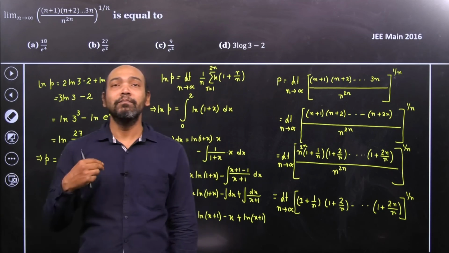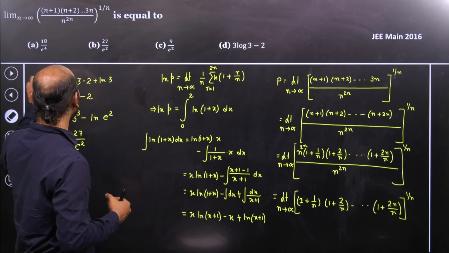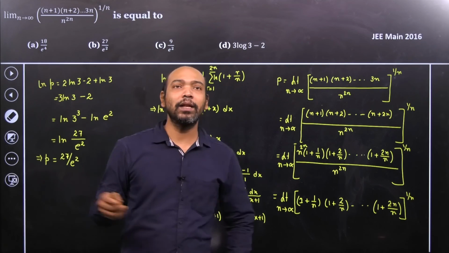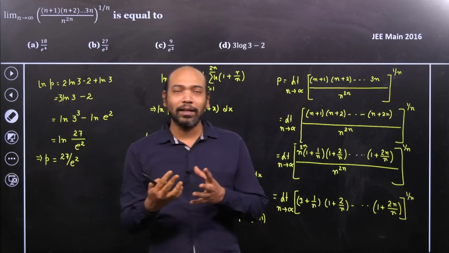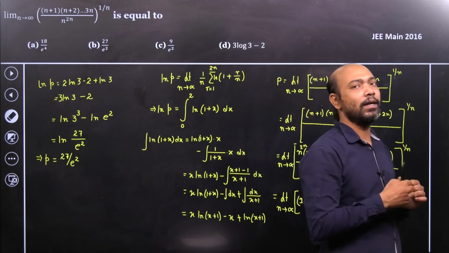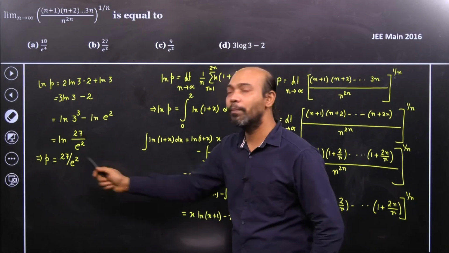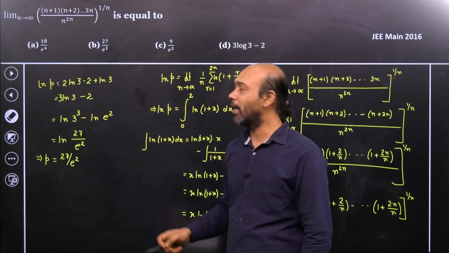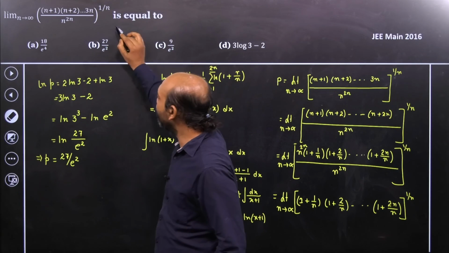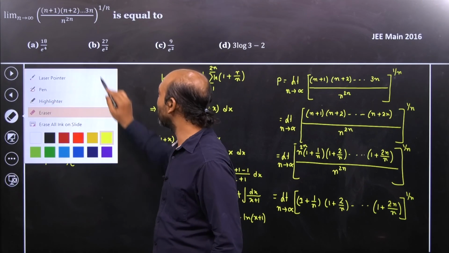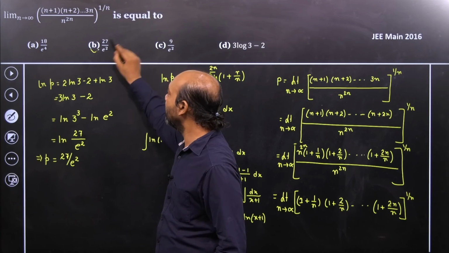Then we miss that we are actually calculating ln of p, but we are required to find out p. So what is the exact value of p? The p is 27 by e square, and that's why option B is the correct option here.